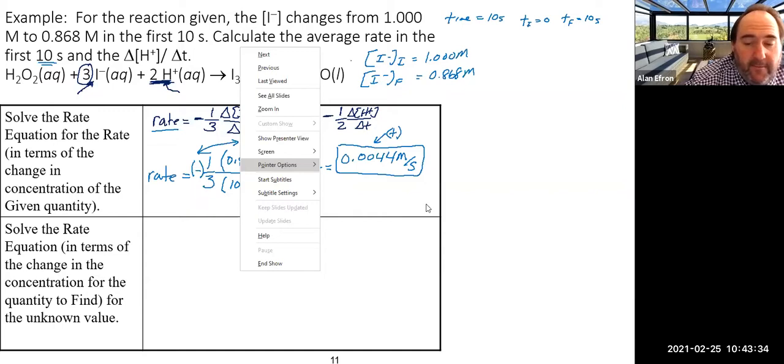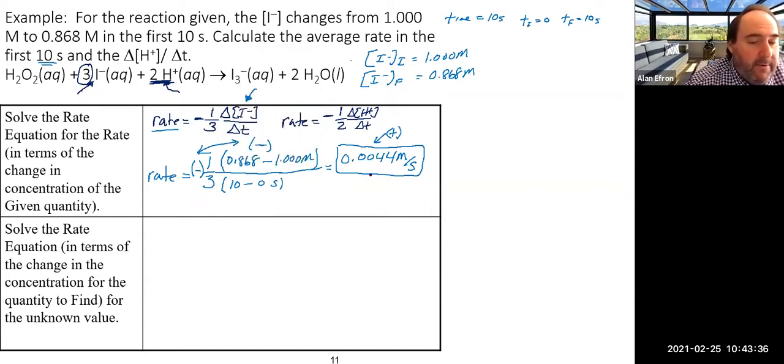Now, why is figuring out that rate important? Well, this rate right here and this rate right here, they're the same, right? They're the same thing. So by doing this calculation, we have now figured out the rate here, and that's going to allow us to relate this to the H plus concentration.